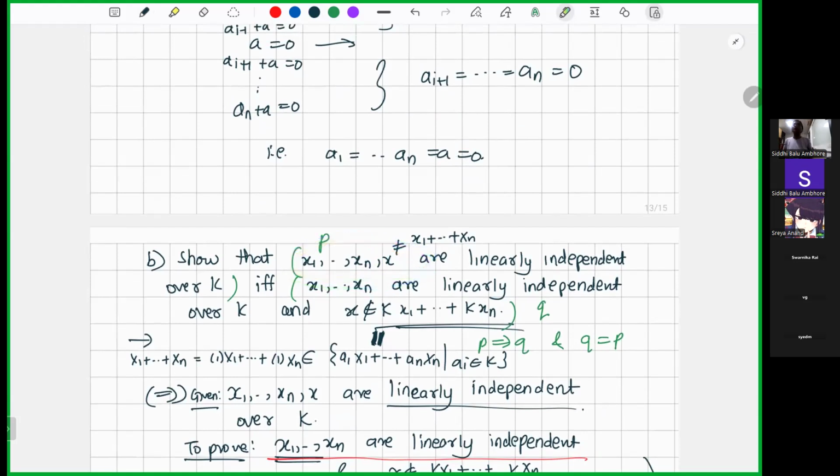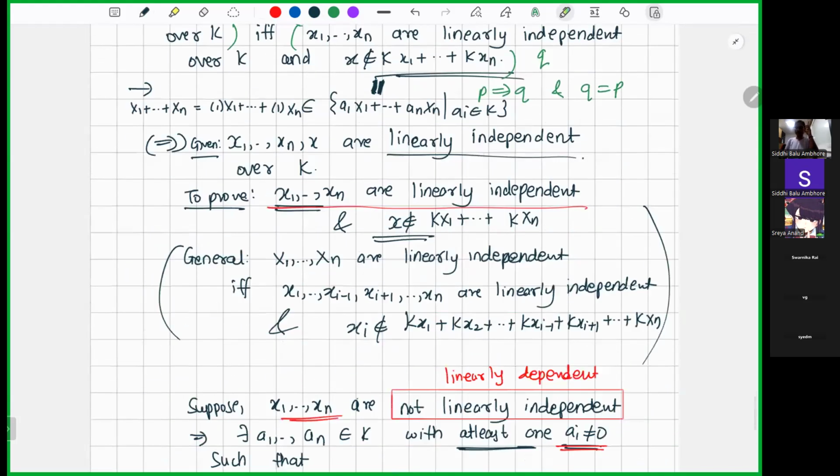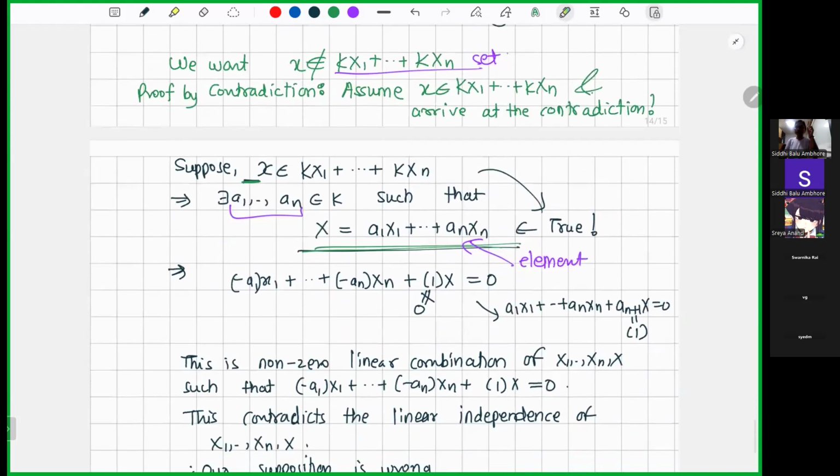So that's why what we assumed is not correct. When we arrived at this contradiction, that's why we can say that x must be in it. It is like when we assume something wrong, it will lead to something wrong.